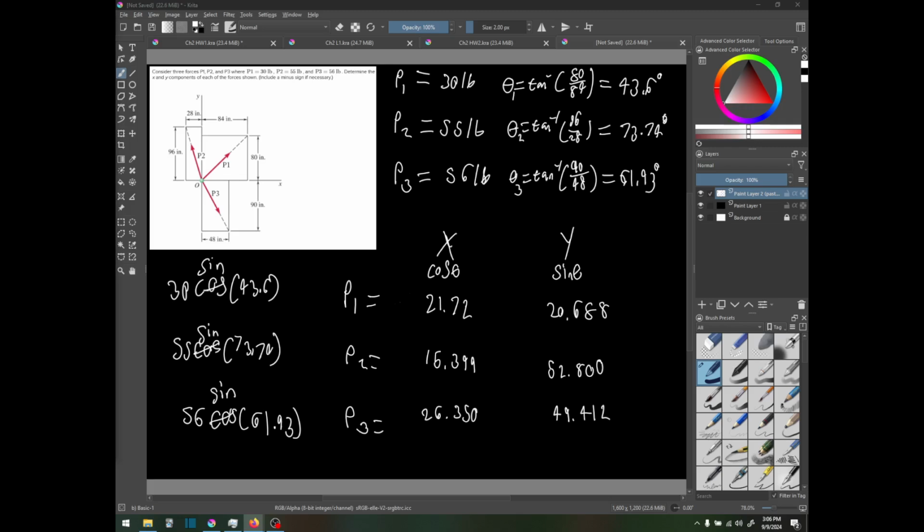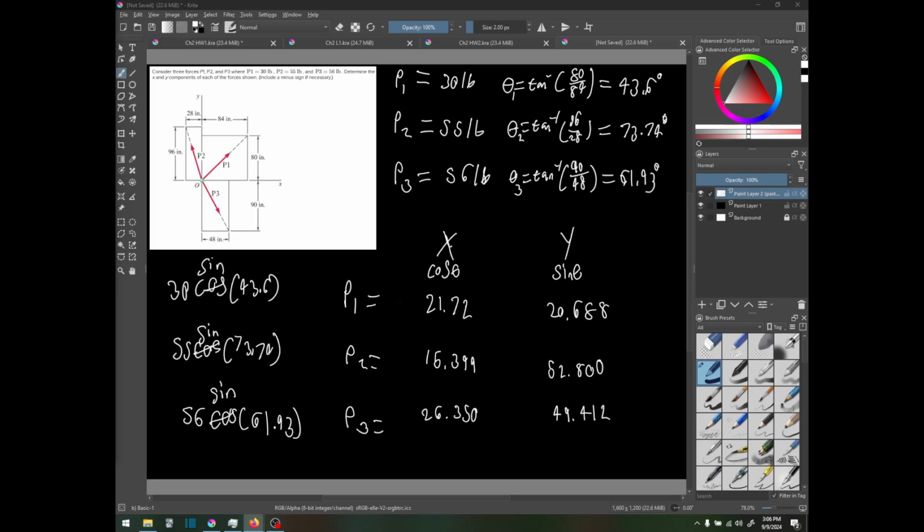And it's just asking for the x and y components of all these. So we just pretty much got the problem right there. I'm going to put in 21.72, and then the next one is going to be the y component.